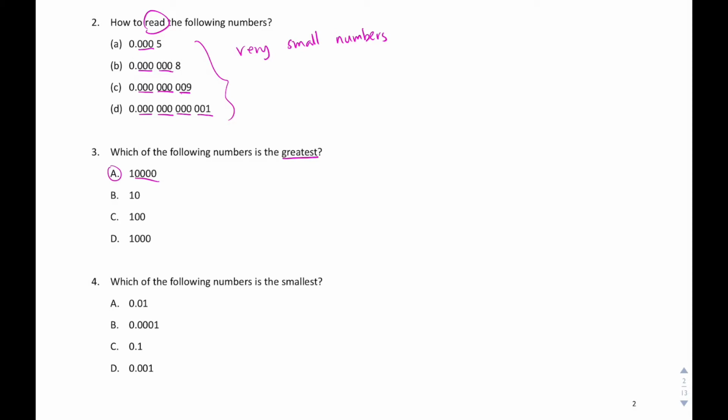Can you find very quickly which is the smallest? Okay, I think it is not difficult. For B, with more decimal places after the decimal point, this is the smallest. So the answer is B.